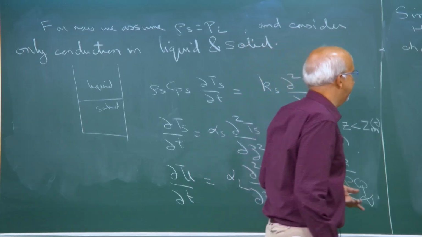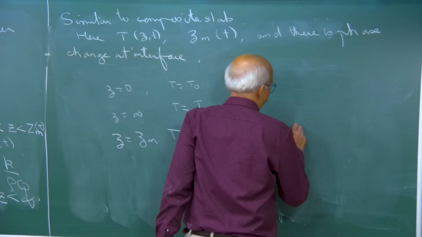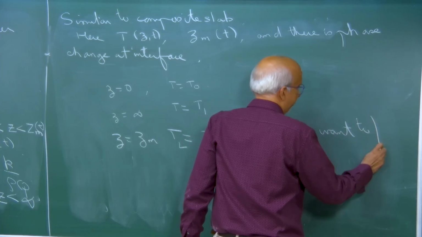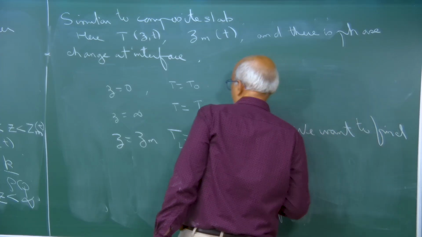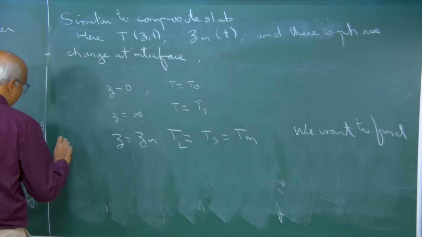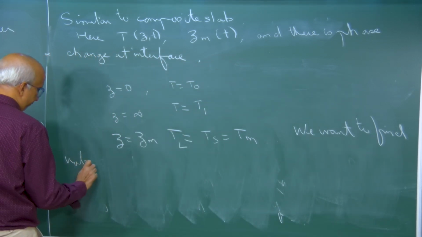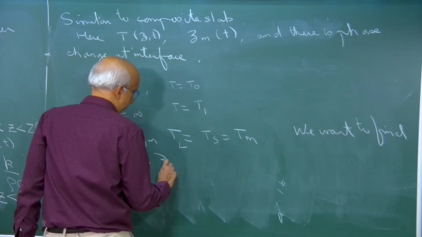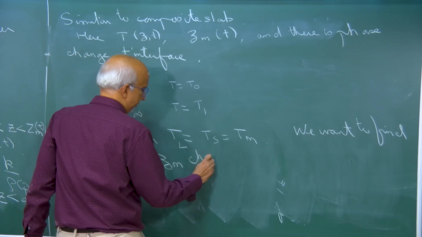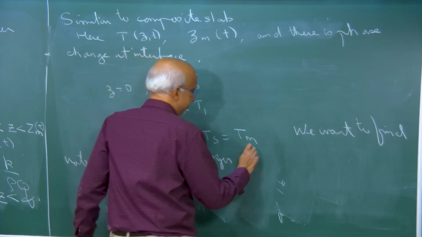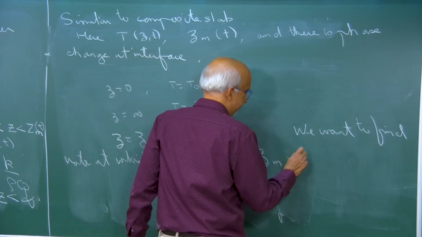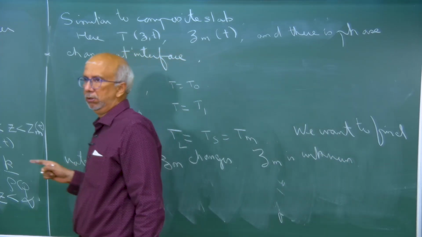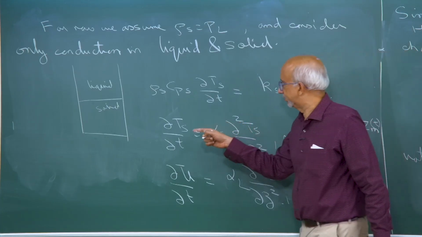So, I need one more condition, because we want to find the rate at which zm changes. Zm is unknown. Zm is the position of the interface.